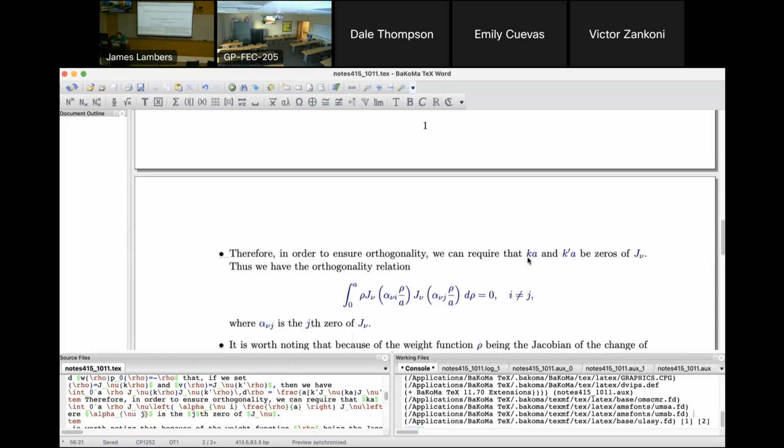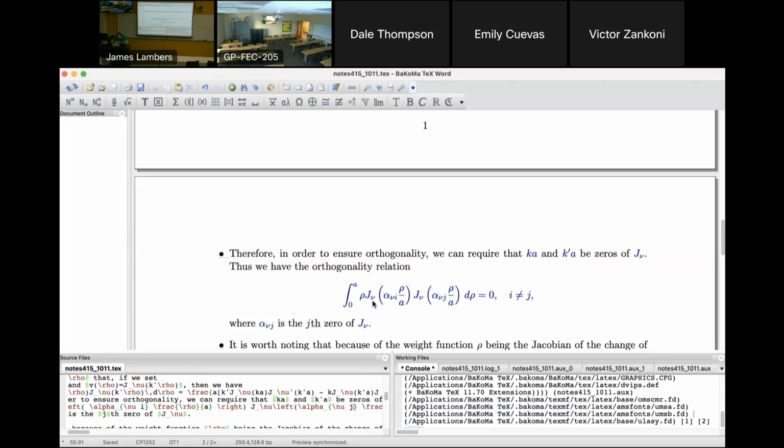So since k a and k prime a is equal to alpha nu j for some index j, that means that k is equal to the zero divided by a. And all that's multiplied by rho. So here are our orthogonal functions.